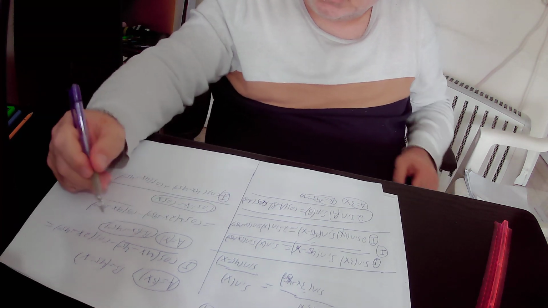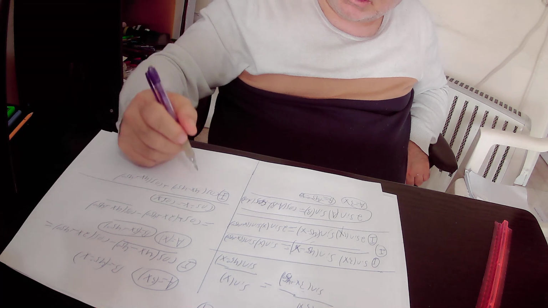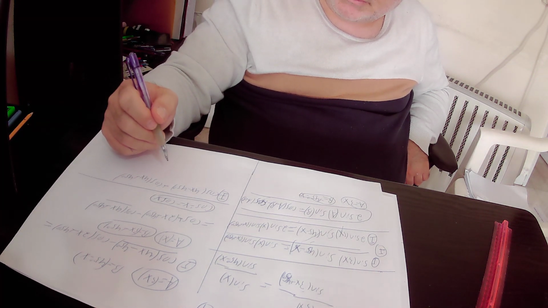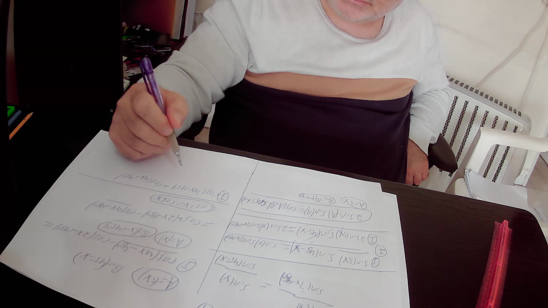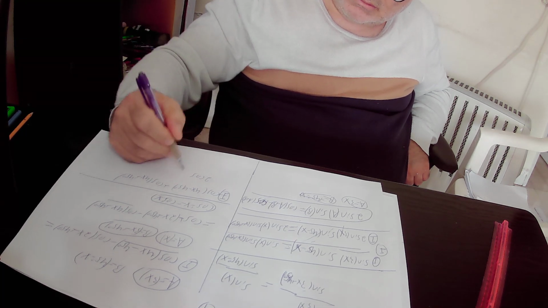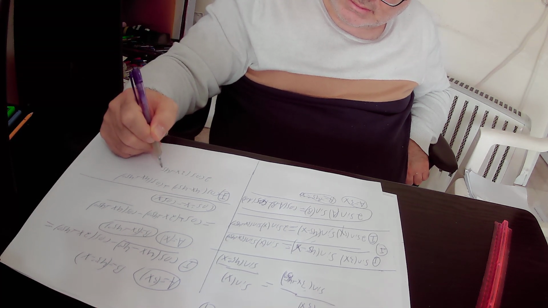So we will add cosine 2x plus 45 degrees to equation number 1, and we will get that cosine 2x plus 45 degrees plus cosine 2x plus 45 degrees equals 2 cosine 2x plus 45 degrees.